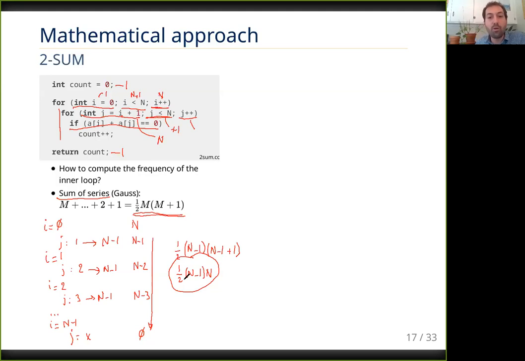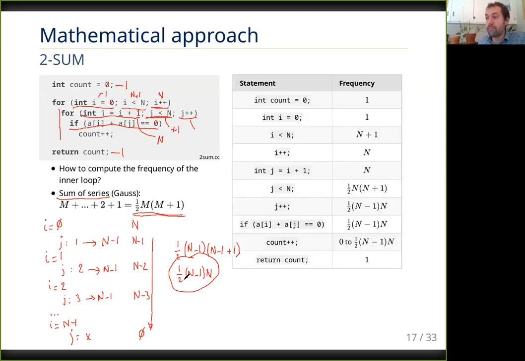So the formula would be a little different. And so overall, if we count everything, that's what we get. You see that this formula corresponds to what I've been showing you here. And for the stop condition of the j loop here, the formula is slightly different.